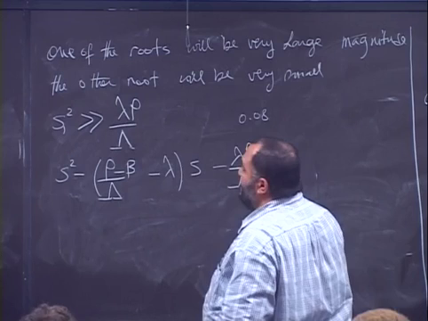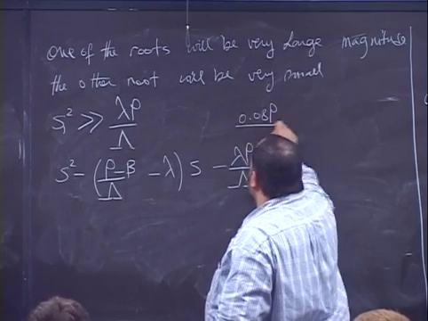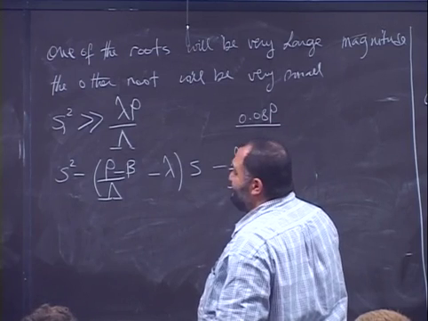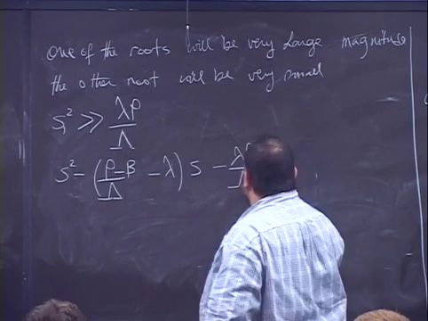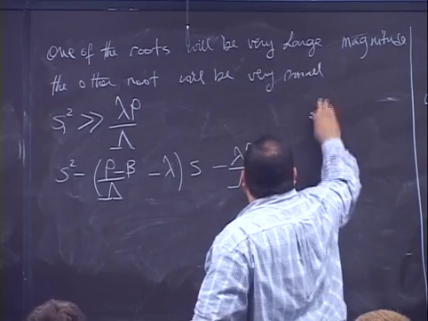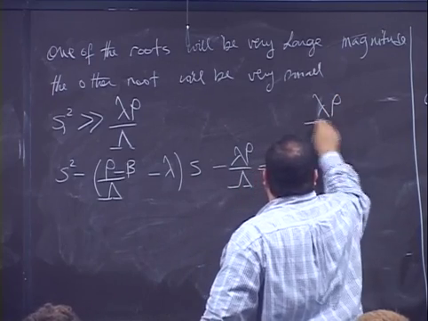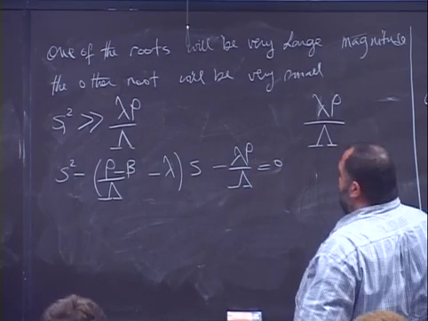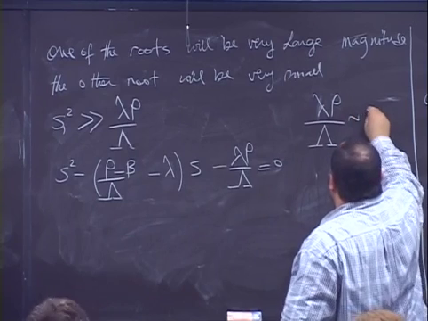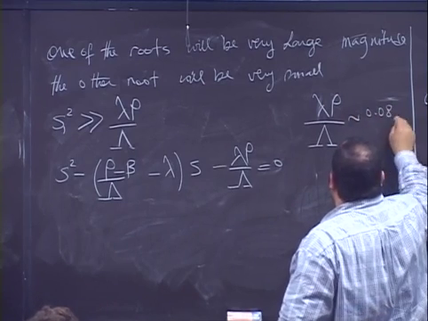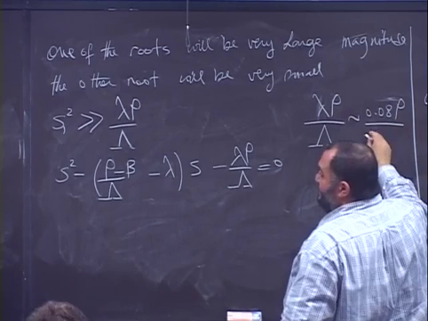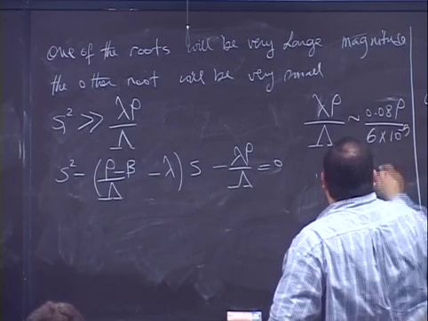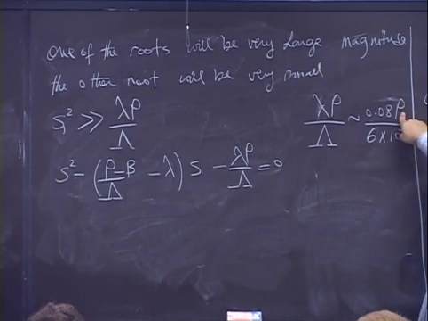Multiplied by rho divided by gamma. What's gamma? So lambda rho divided by gamma is nearly 0.08 multiplied by rho divided by 6 × 10 to the power of minus 5. So it depends on rho.